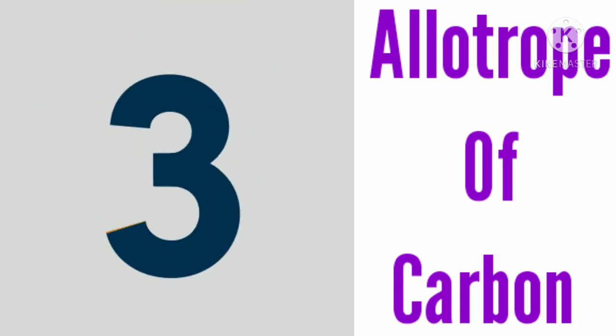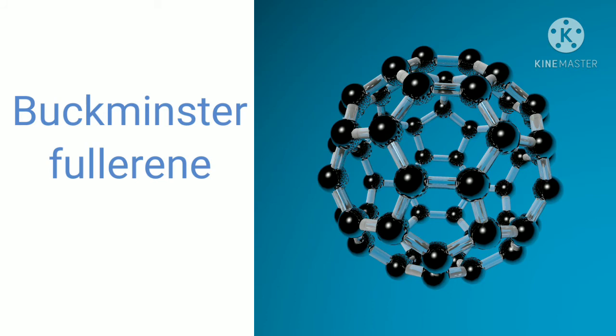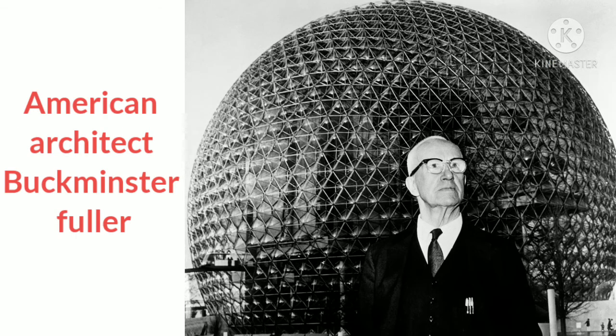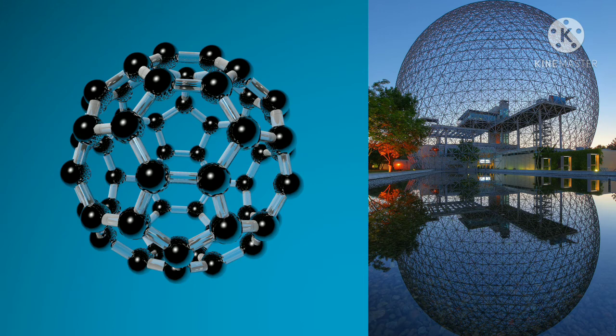Now let's learn about the third allotrope of carbon, that is Buckminster fullerene. The name was given after the American architect Buckminster Fuller because its structure is similar to the framework of dome-shaped halls designed by Fuller for large international exhibitions.